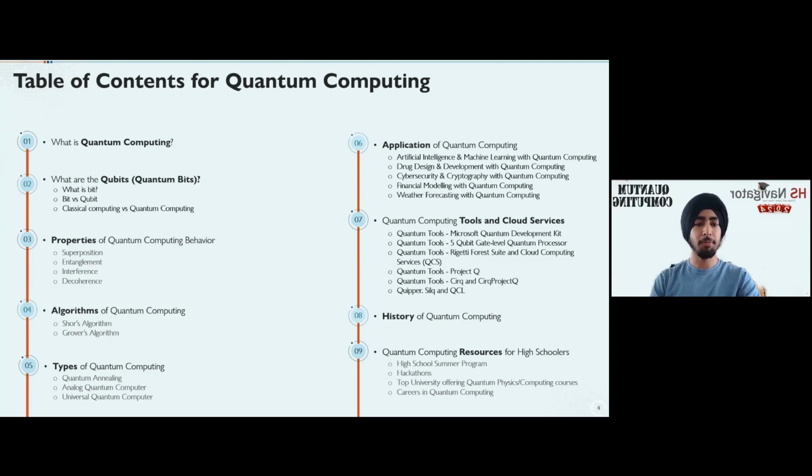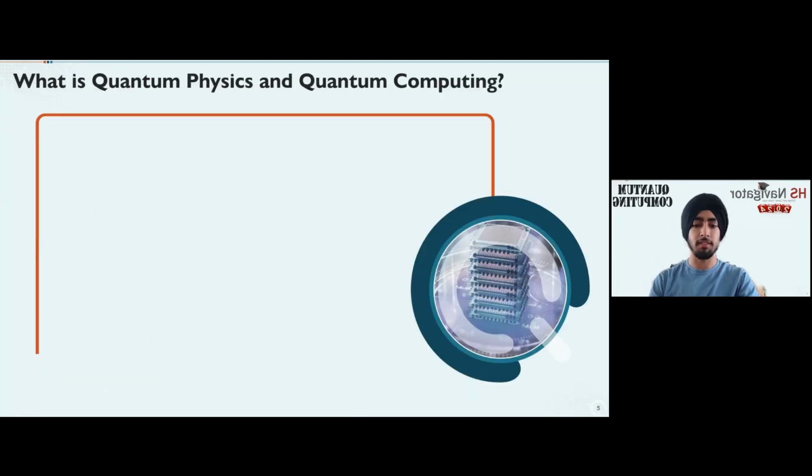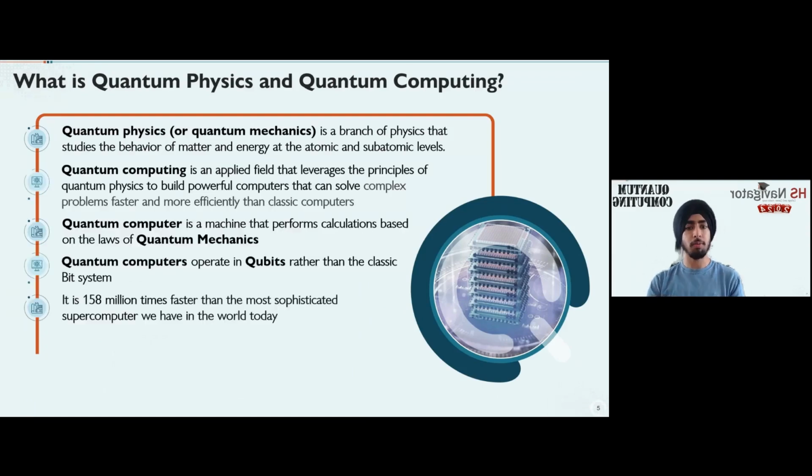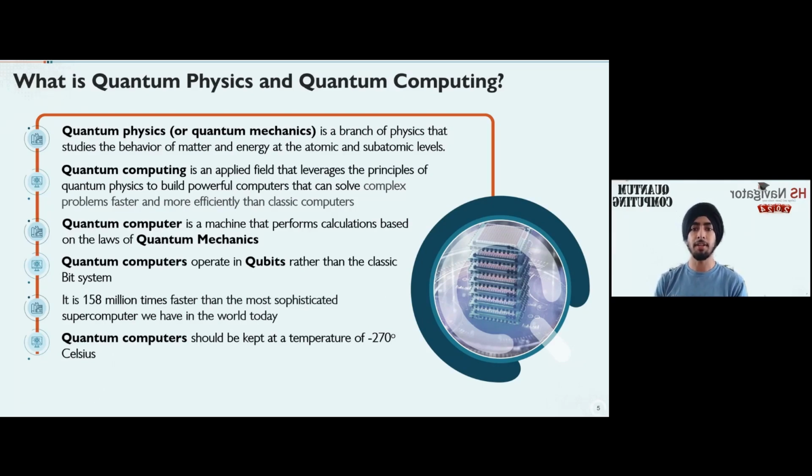So the first thing we're going to get started with is, what is quantum computing? Quantum computing, or quantum science fields in general, are branches of physics and science that study the behavior of matter and energy at atomic or subatomic levels. When you're thinking about planes or ants, all of them follow a typical set of physics rules.